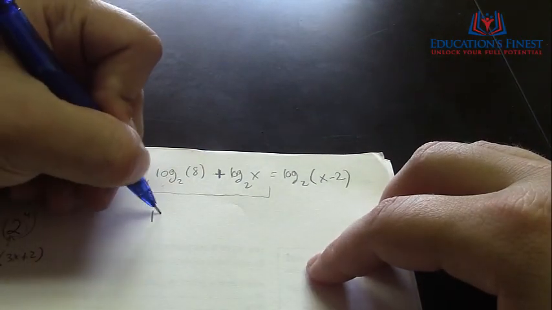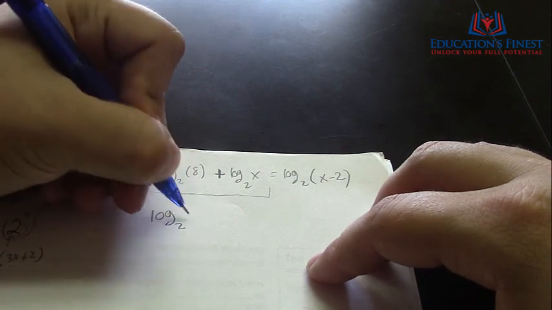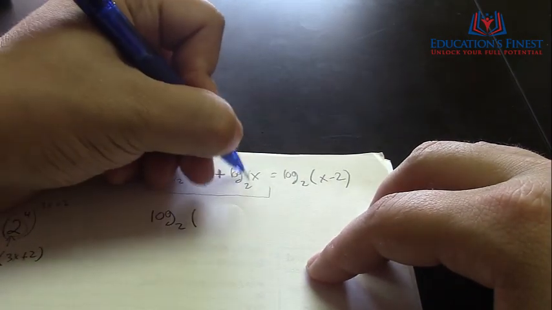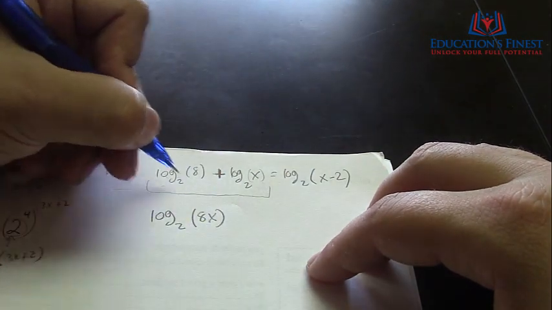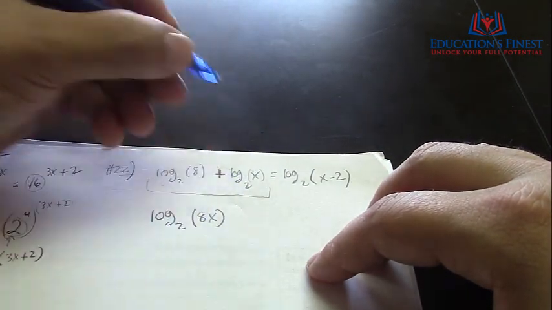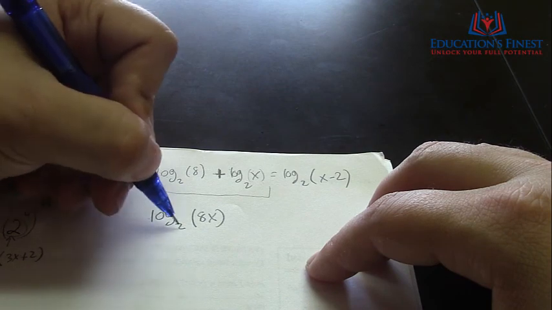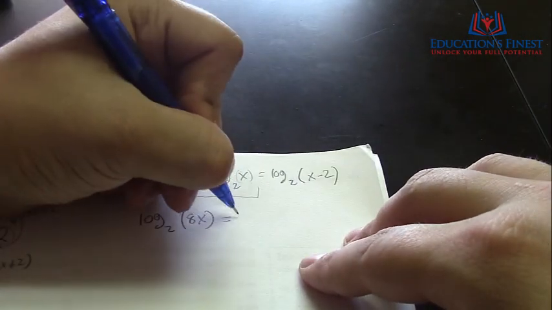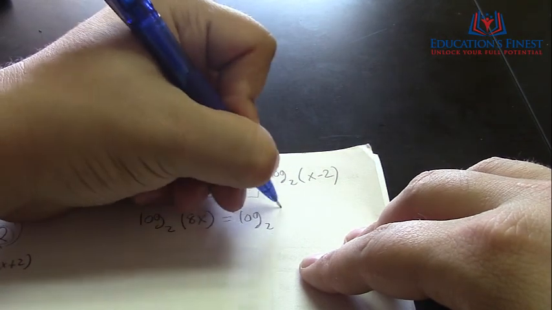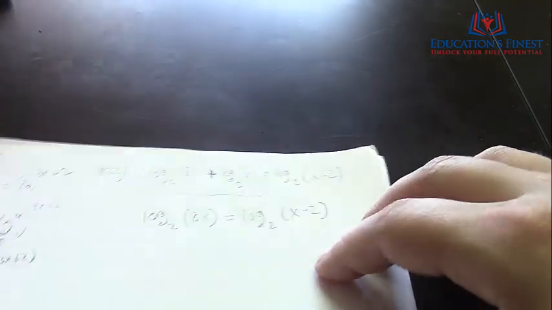That being said, you're going to have just one log base 2, but now you're going to multiply the insides here, this 8 and this x. So you have 8x, okay? So log base 2 of 8 plus log base 2 of x can turn into just log base 2 of 8 times x, and it's going to equal log base 2 of x minus 2.